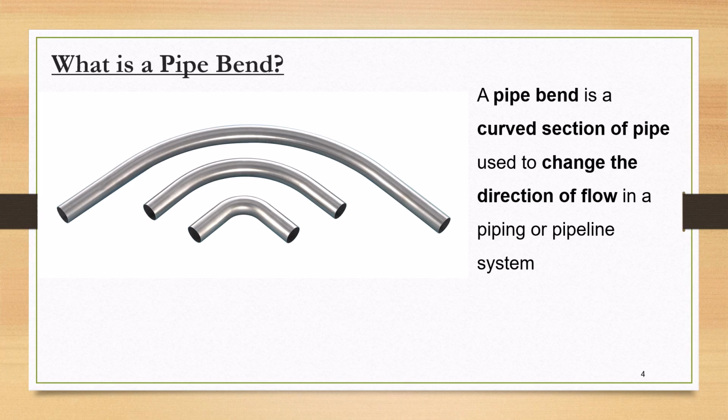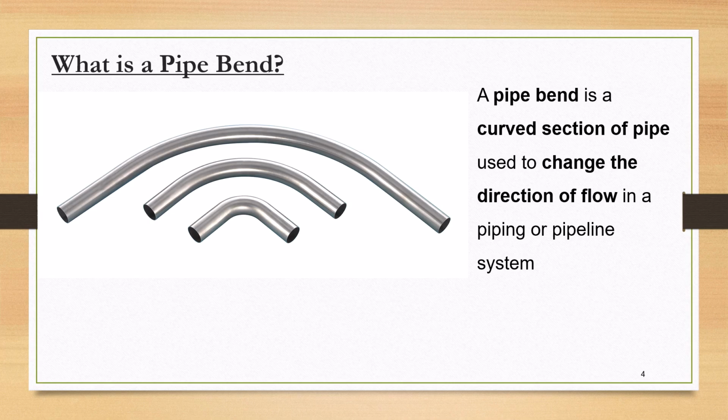This is expressed as a multiple of pipe diameter D. For example, a pipeline bend can be 20D or 30D, meaning 30 times the diameter. Larger bend radii help to reduce flow resistance and stress concentration.